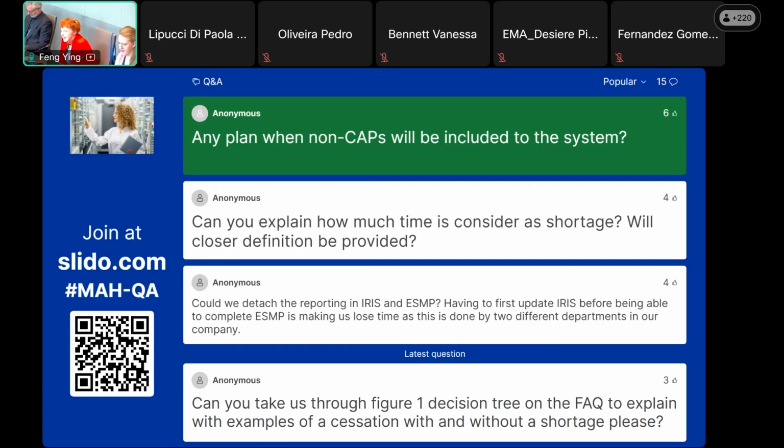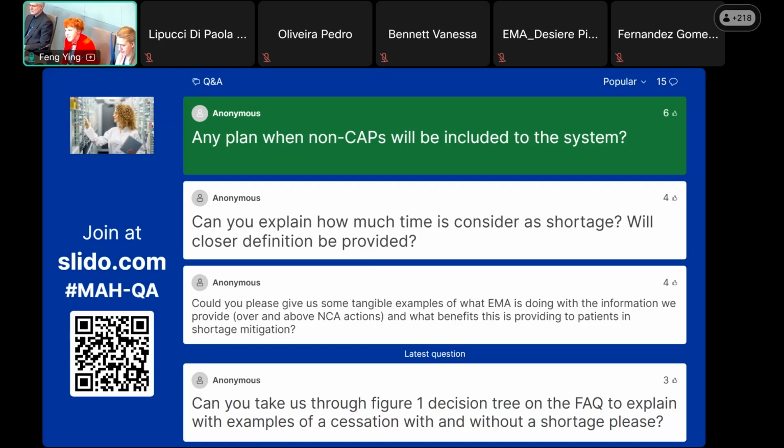Now, the EMA shortage reporting process that is currently there says that only shortages of centrally authorized products need to be reported to the EMA. Shortages of nationally authorized products need to be reported to the national databases, but of course, also shortages of centrally authorized products when they're impacting a specific member state need to be notified to those member states.